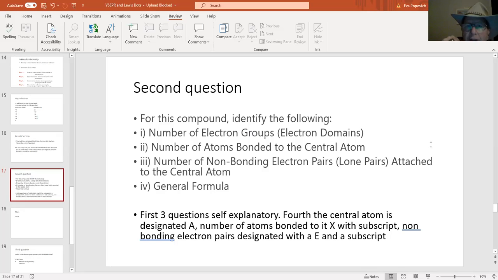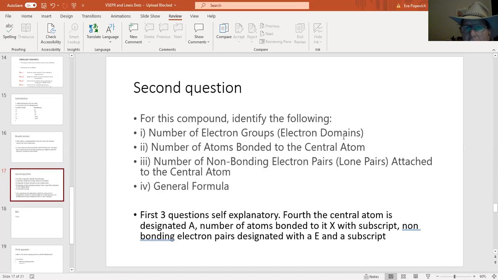Then you designate the electron pairs with an E and a subscript. So my overall general formula for I3 minus would be AX subscript 2, E subscript 3. Follow the directions. I don't know whether they tell you to just put a space between each answer or put a comma. Follow those directions.